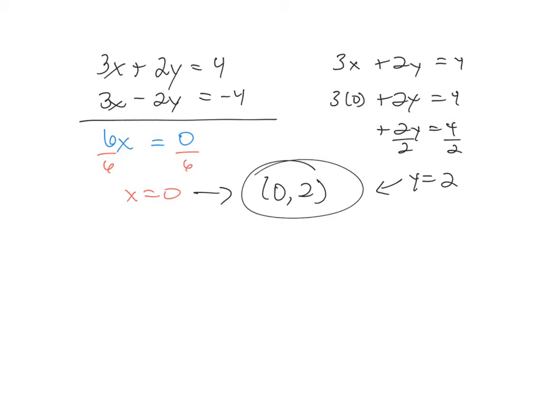Okay, so that's the basic straightforward problem, and you'll have a bunch of them like that where they line up. You already have opposite for x or for y, and you'll be good to go.